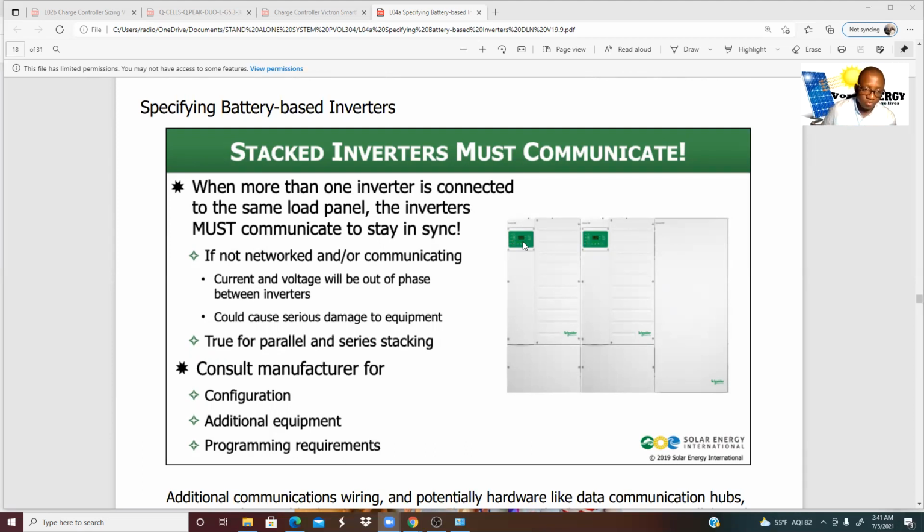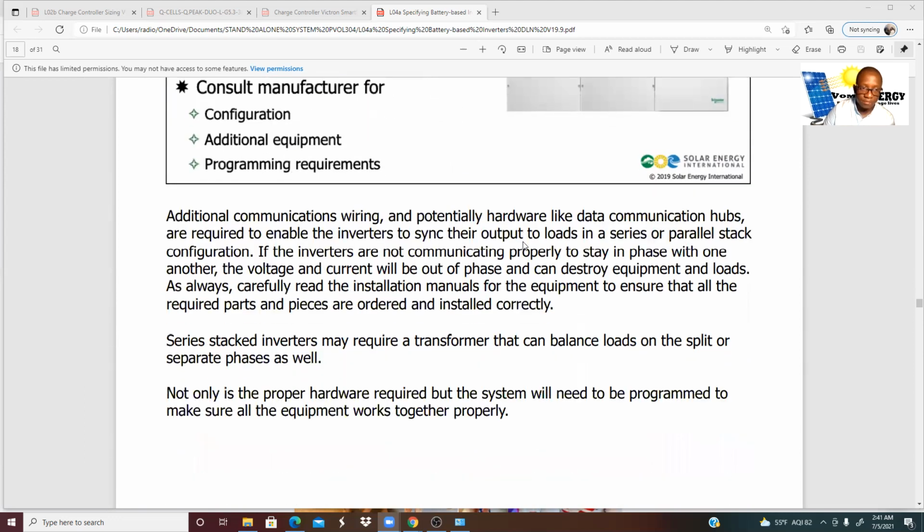Consult the manufacturer for configuration, additional equipment, and programming requirements. Additional communication wiring and potentially hardware like data communication hooks are required to enable the inverters to sync their output to the load in series or parallel stacking configuration. If the inverters are not communicating properly to stay in phase with one another, the voltage and current will be out of phase and can destroy equipment and loads.